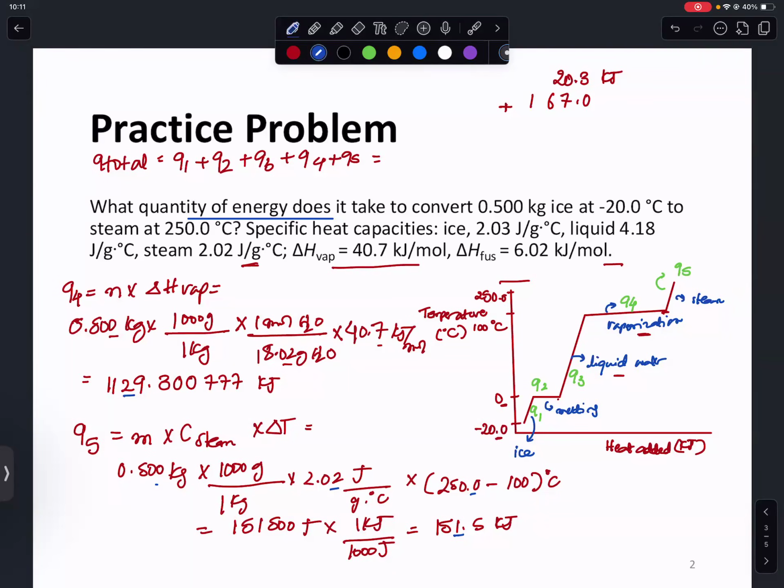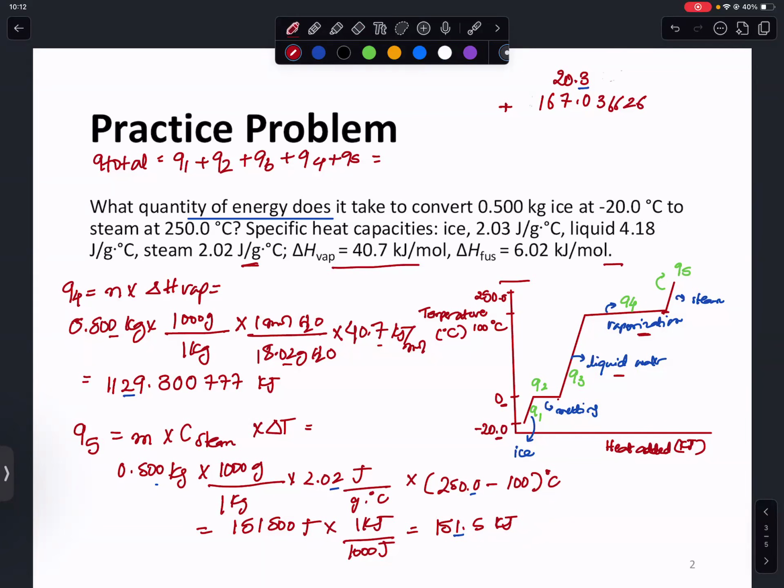So let me highlight the sig fig so we don't get lost. Here. So it's going to be 167.036626. Let me remove the kilojoules so it doesn't throw you off.